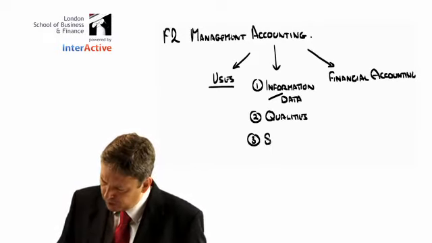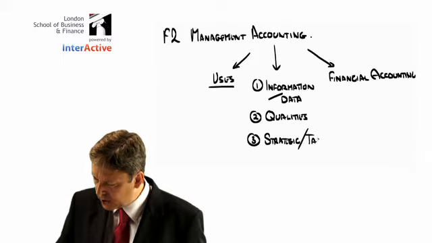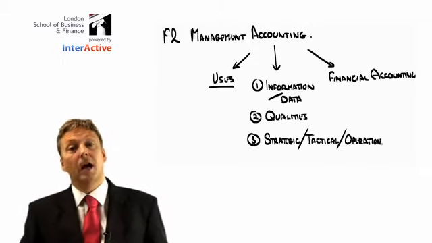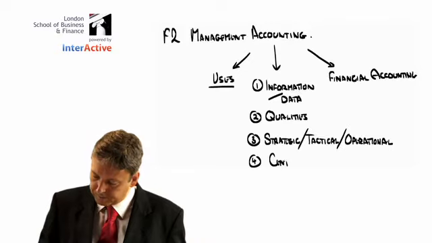Thirdly, we want to make a distinction between strategic, tactical, and operational requirements. And finally, what we want to do is look at all the different types of centres. In essence, what we're doing here is we're trying to understand the language of management accounting.